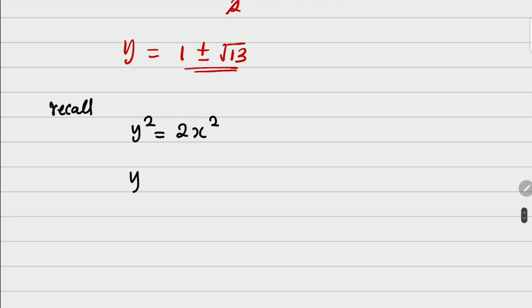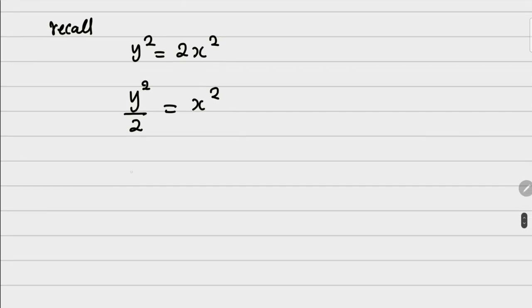Now, do you know that actually we can have y squared over 2 equals x squared? So square rooting both sides, you are going to have x equal to the root of y squared all over 2.